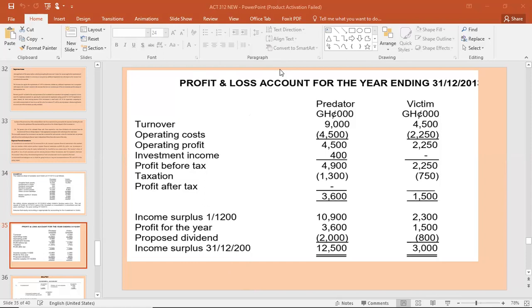Then you pick the associate tax of 750, you strike 50% on the 750, then you add it to your tax of 1,300. So 50% on 750, how much are you getting? $375. So you add the 375 to the 1,300 and less it from the profit before tax.